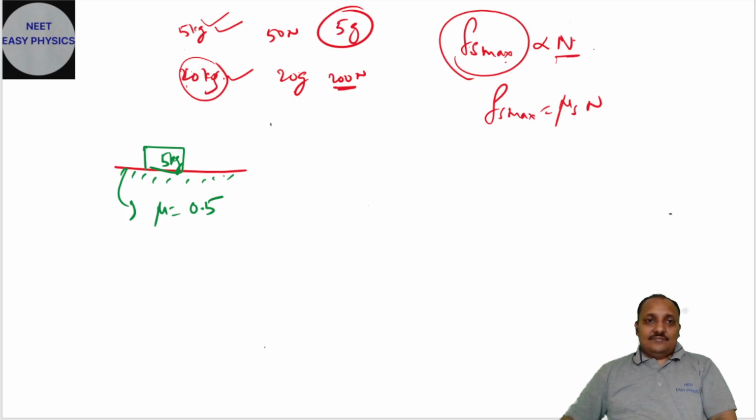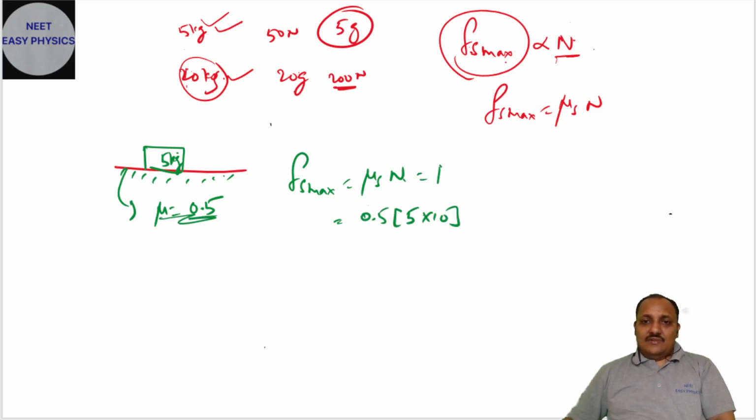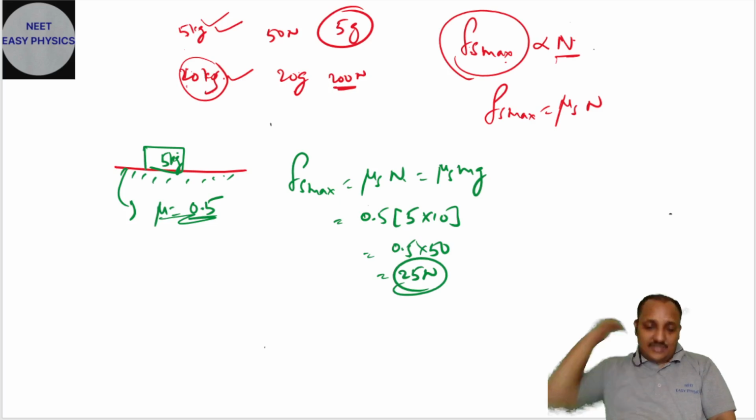Now, how much maximum frictional force is this 5 kg applying? Fs maximum is equal to mu s N. What is mu s here? 0.5. N is 5 into 10, because N is equal to mg. So 0.5 into 50, so this is going to be 25 newtons.